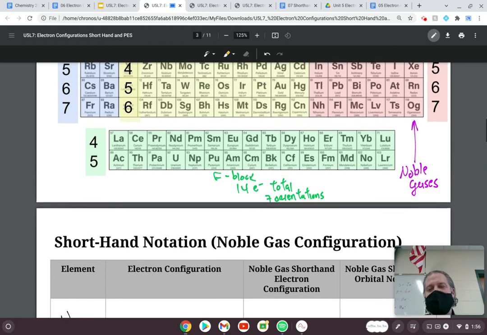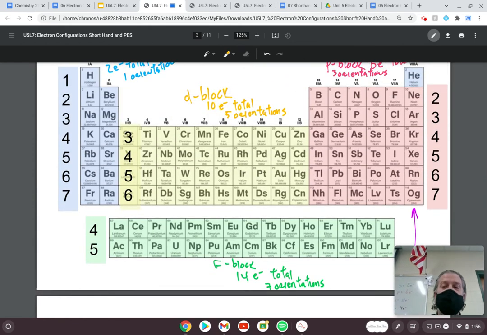Now, if we go back up to my handy-dandy periodic table, what I really want to point out is where neon is located. It's located in the P block, in the last column of the P block, which tells me I can predict what it's going to end with. It's going to end with p6. And because it's in the second row, it'll end 2p6.